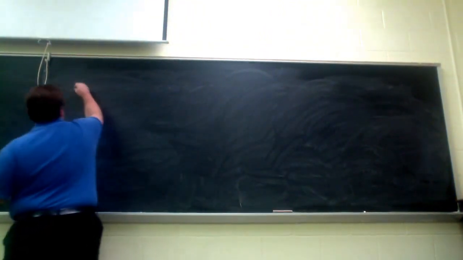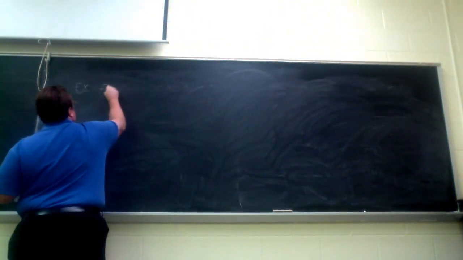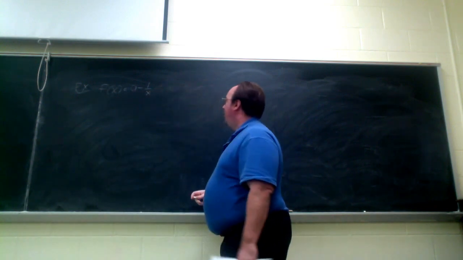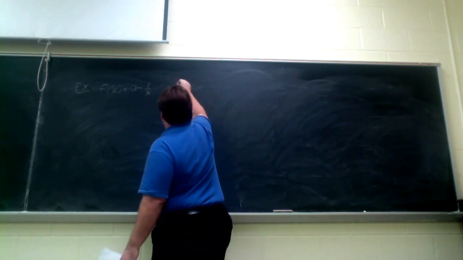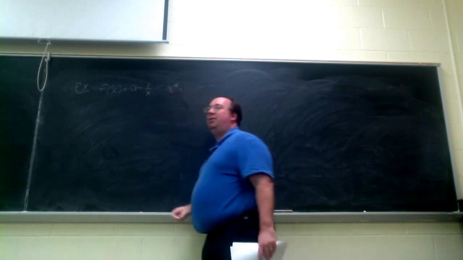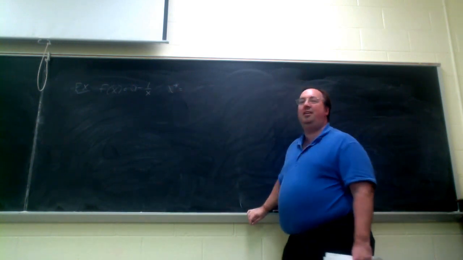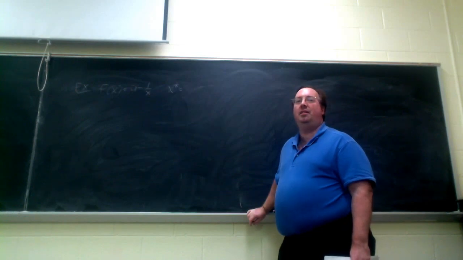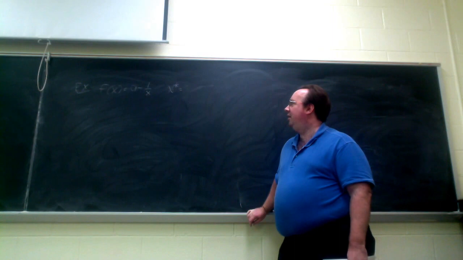So in this example, our function of choice is some constant a minus 1 over x. So what's the root? Is it a? No, I'm asking if f of x is equal to a.